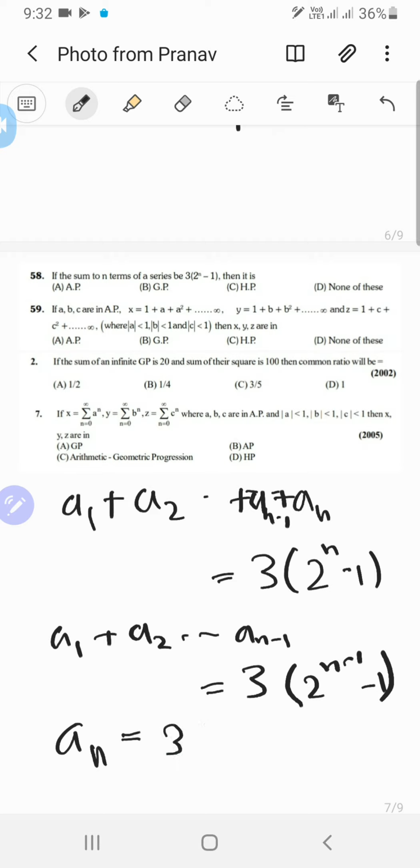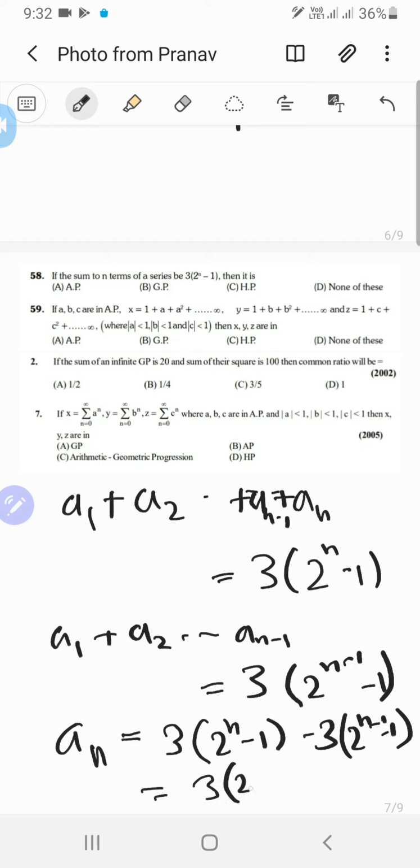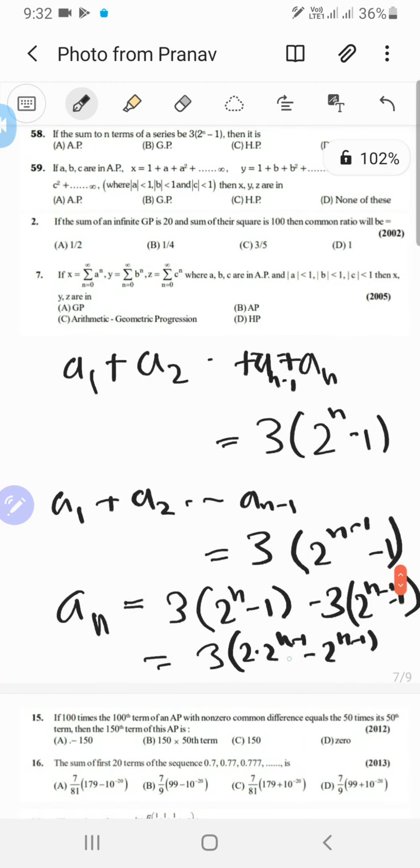This is 3 times 2 raised to n minus 1 minus 3 times 2 raised to n minus 1 minus 1, which can be written as 3 times 2 into 2 raised to n minus 1 minus 2 raised to n minus 1, which is only 1 times of that, so 3 times 2 raised to n minus 1.